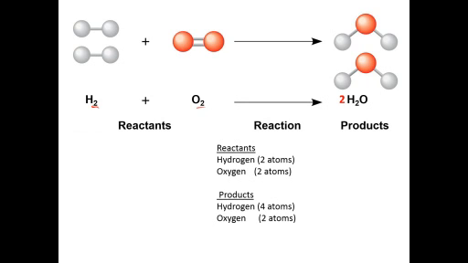That gives you now 2 molecules of water. Notice here, 2 molecules of water means that you have 1, 2, 3, 4 hydrogen atoms and 2 oxygen atoms. So 2 molecules of water gives you 2 oxygen atoms and 4 hydrogens.